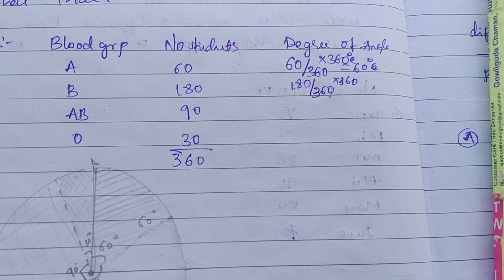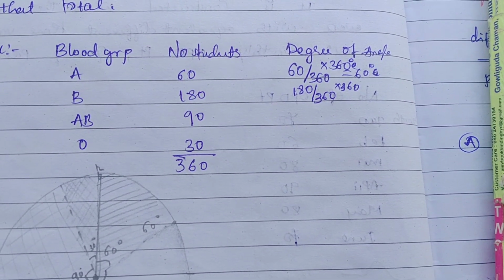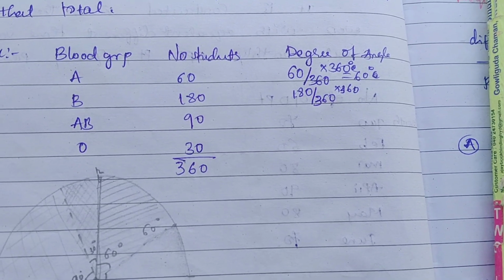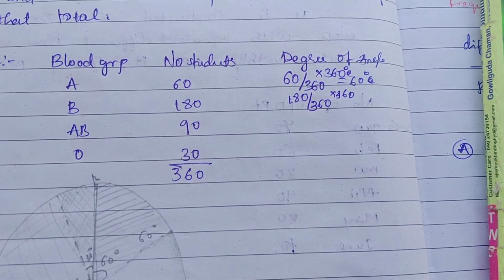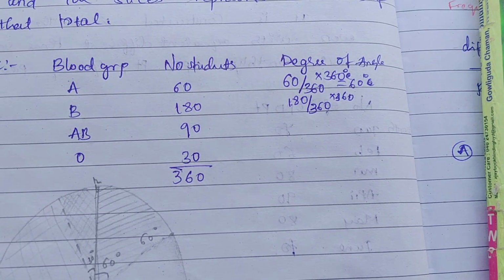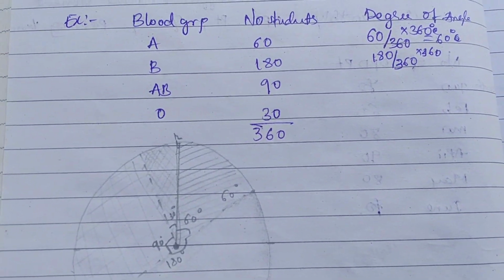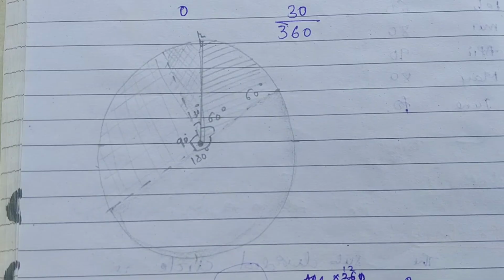We total the number of students, and after totaling we get 360. Next we need to do this: 60 divided by 360 into 360 degrees. The angle we get is nothing but 60 degrees.